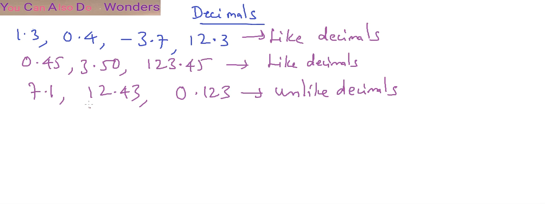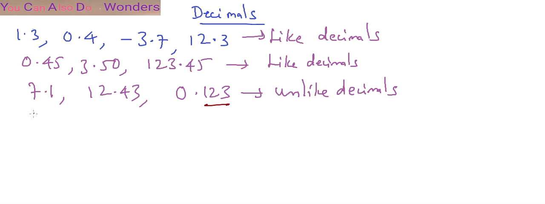But any set of unlike decimals can be converted to like decimals. For example, here what is the maximum number of decimal places? 3. So each decimal number can be converted to decimal numbers having 3 decimal places.